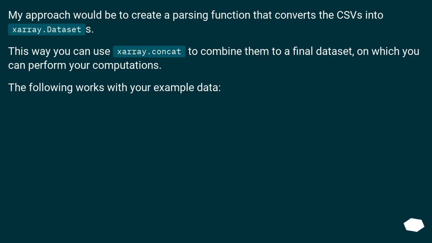My approach would be to create a parsing function that converts the CSVs into Xarray datasets. This way you can use xarray.concat to combine them into a final dataset, on which you can perform your computations. The following works with your example data.